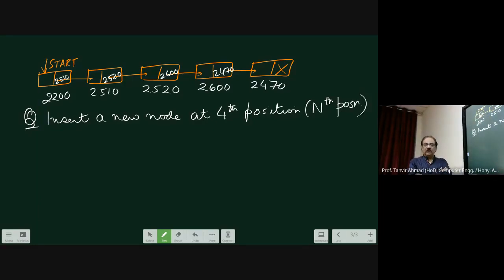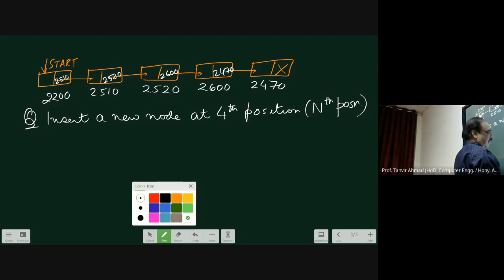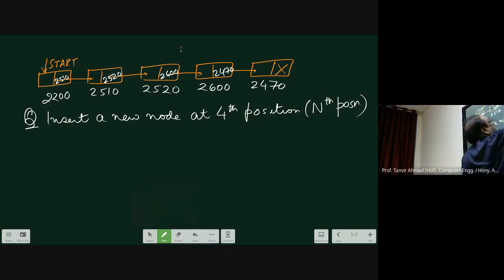And I want to insert the node at fourth position. Now the fourth position means I have to insert a node somewhere here, between 2520 and 2600.